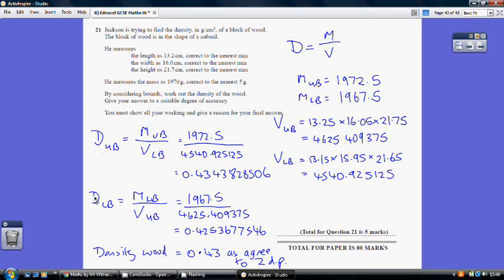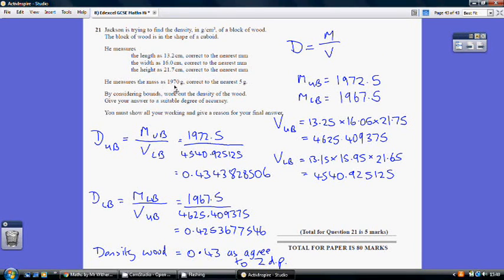And then secondly, we're going to work out the lower bound for density, and this is the other way around. We get the smallest value for density when the numerator is as small as possible, but the denominator is as big as possible. So we're going to do the lower bound for mass divided by the upper bound for volume. So that's our goal. Now obviously we've got to work out these upper bounds and lower bounds first, so I've done that over here.